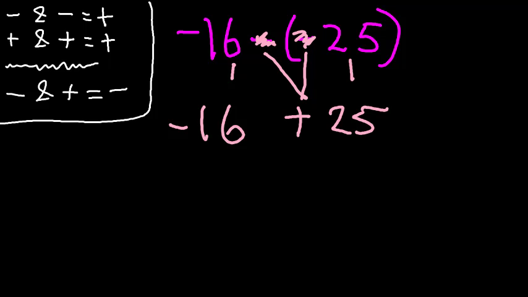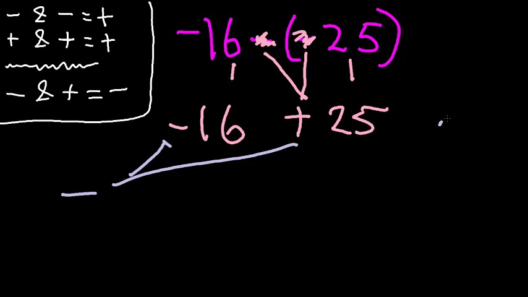So using what we just learned, we know that a negative and a positive, according to the box, is equal to a negative. So we're just going to keep in mind that these two numbers are negative, right? These two numbers equal a negative. And since it equals a negative, we're going to subtract. And we're going to subtract the smaller number from the bigger number, like how you would do normal subtracting in your elementary grades.